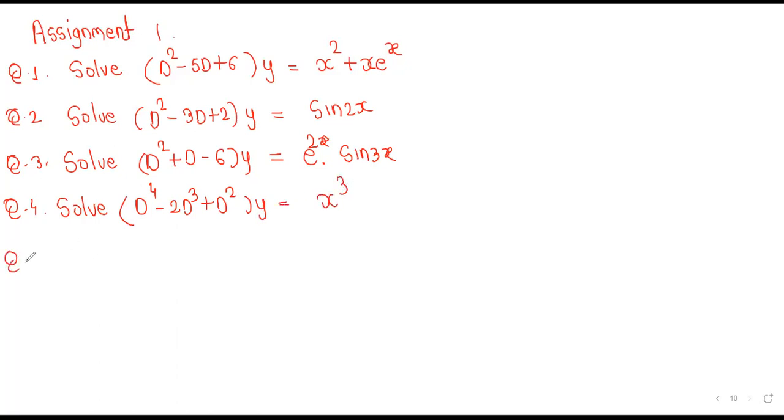And question number 5 is solve D square plus 1 bracket square into y is equal to sin x plus cos x. Okay, so these are the 5 questions of your assignment number 1 of chapter 1.